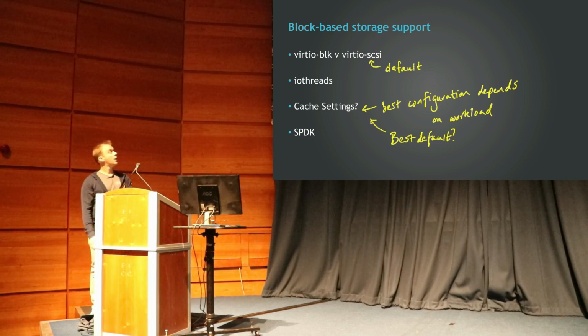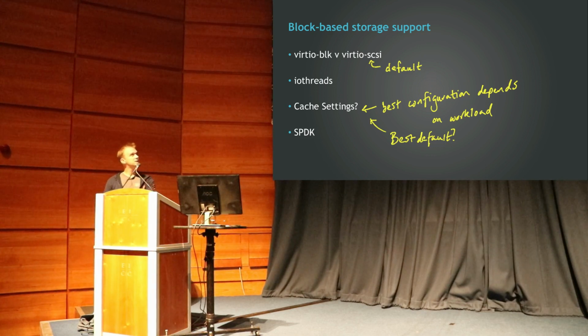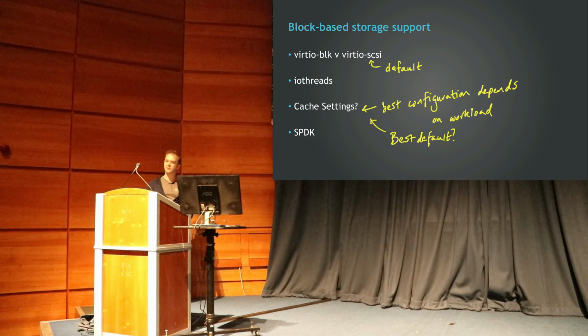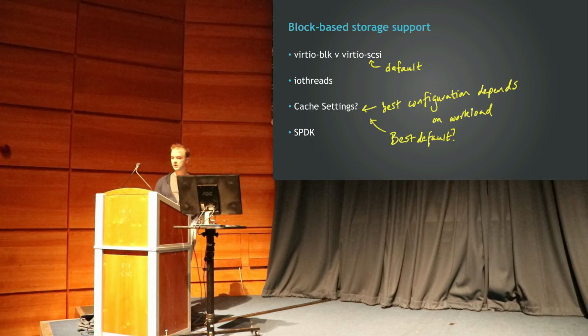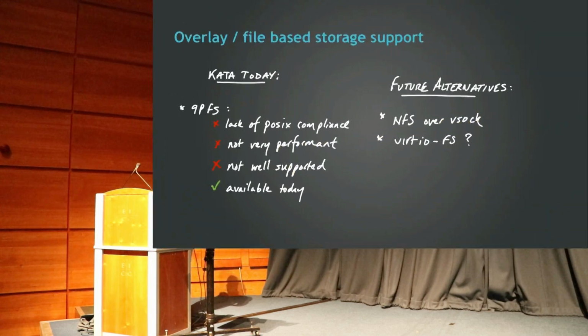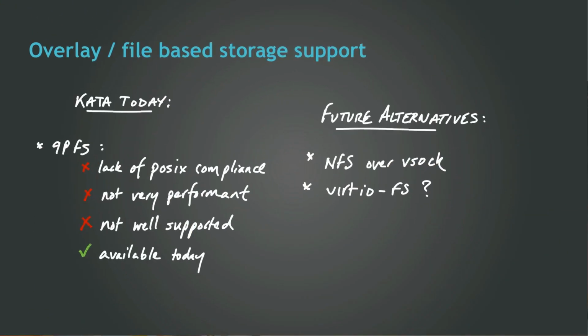For cache settings, we're using default right now, but it really depends on the workload. So I'm trying to figure out, should we make that easily configurable per container, or is there a sane default? We've also looked at SPDK briefly, for a vhost-user SCSI type of interface. So that's great if it's block.